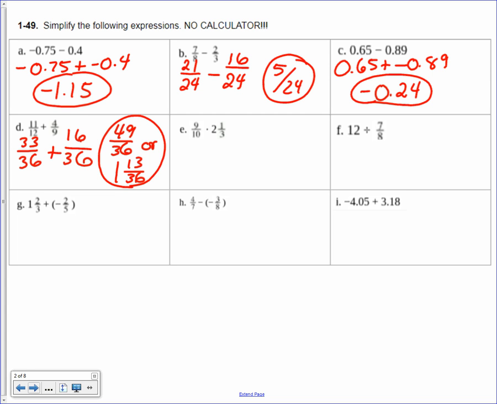E, I needed to change my mixed number to an improper fraction to 7 over 3 times 9 over 10. I simplified first, so I cross-reduced the 3 and the 9 to get 3. So I got 21 over 10, or 2 and 1/10. For F, I have to do keep, change, flip.